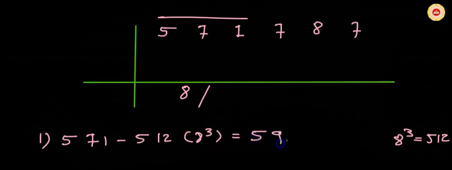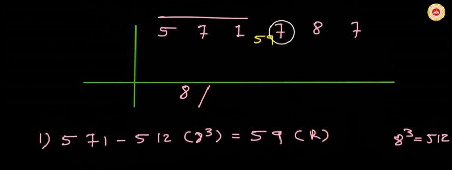Right? 59 is the remainder. And how do we write the remainder in the division method? We write the remainder as a prefix to the next digit in the dividend, which is 7. So write 59 as a prefix to 7. Now read this as 597.